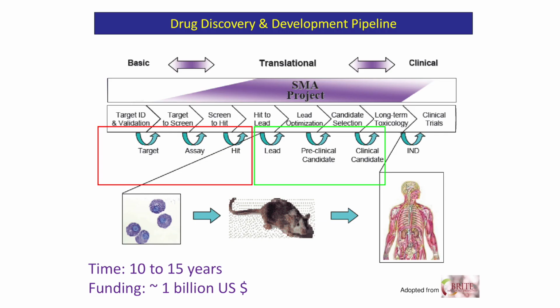The entire process of drug discovery and development takes anywhere from 10 to 15 years, starting from the discovery in terms of target identification and its validation, and then screening compounds against this target to identify a hit, optimizing the hit into a lead molecule, lead optimization, followed by candidate selection and taking it to the preclinical trials, and later the clinical trials.